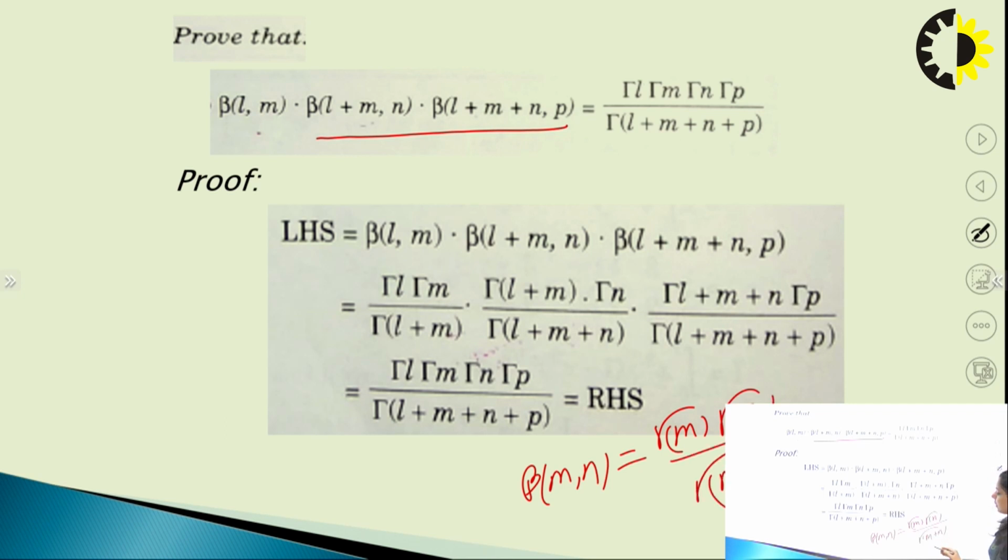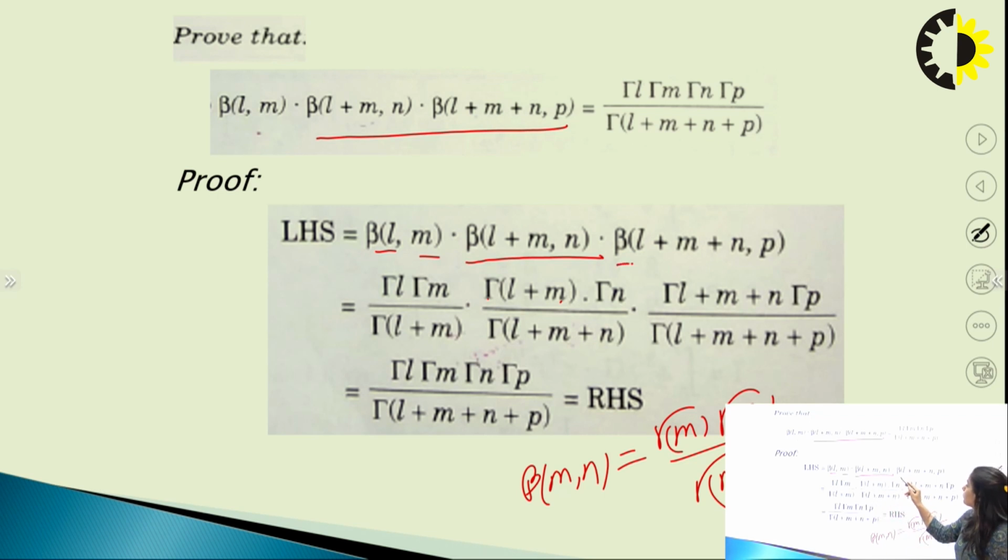So here m is equal to l and n is equal to m, so gamma l gamma m upon gamma of l plus m. Now the second term, beta(l plus m, n): the value of m is l plus m and the value of n is n. So this is equal to gamma of l plus m dot gamma n upon gamma of l plus m plus n.